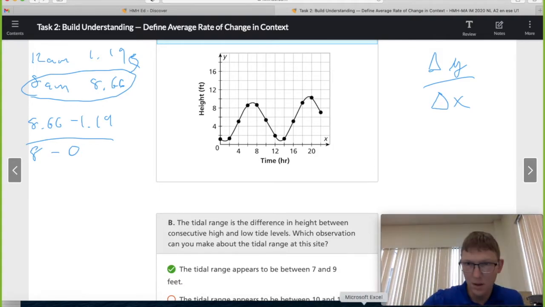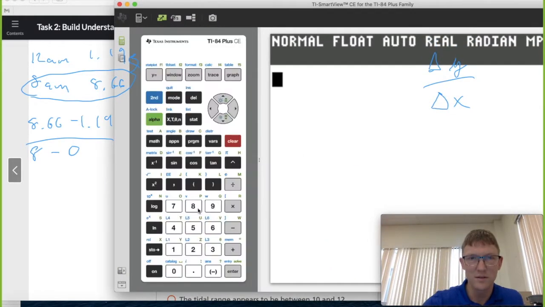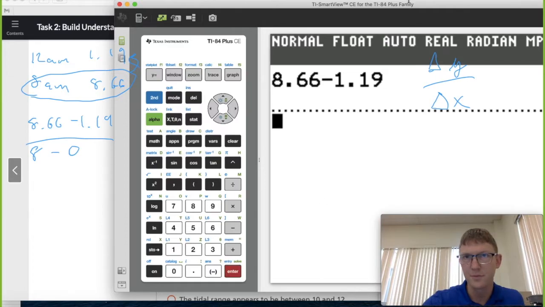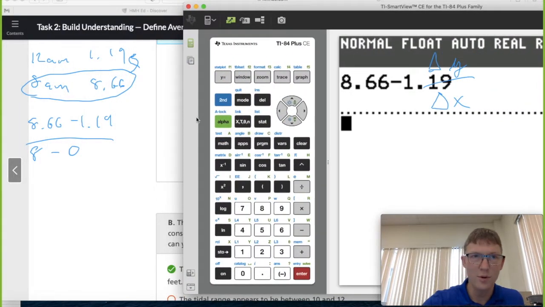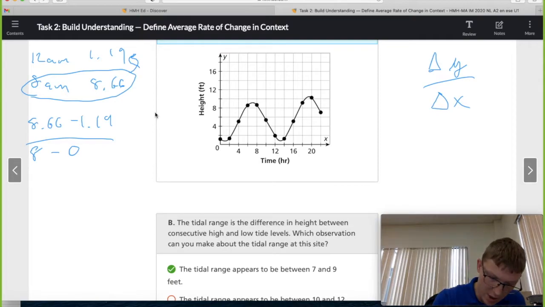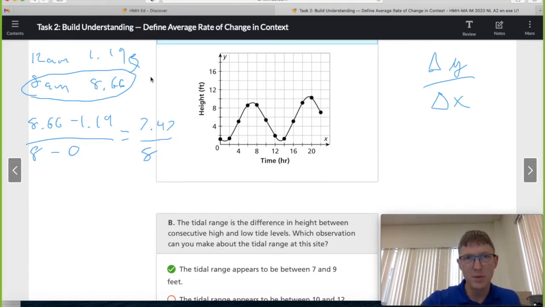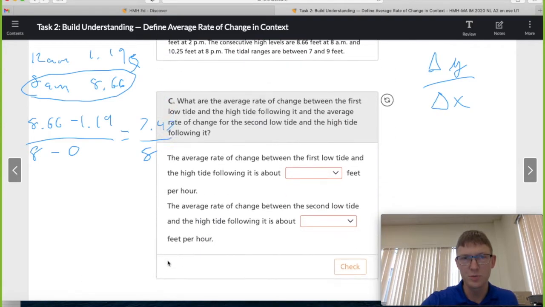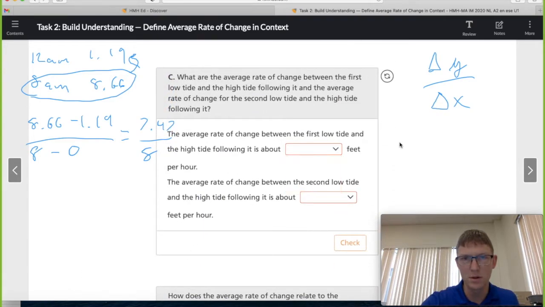So 8.66 minus 1.19, 7.47. I'm so good at basic arithmetic. Over 8. So then we can plug this part into our calculator and get a single number, which is probably what they want.